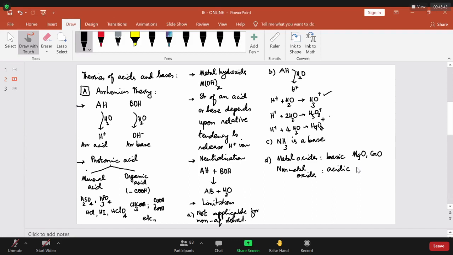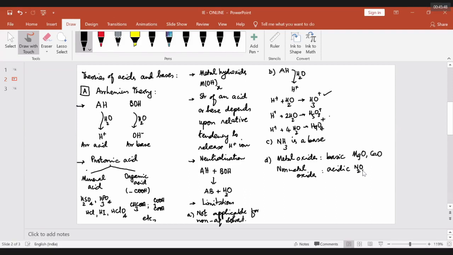Non-metal oxides, for example nitrogen pentoxide, carbon dioxide, sulfur trioxide, are all acidic in nature, but there is no H plus ion to release. Therefore, Arrhenius theory is not applicable to metal oxides to explain basic nature and non-metal oxides to explain acidic nature. Basic nature of metal oxide and acidic nature of non-metal oxide cannot be explained.